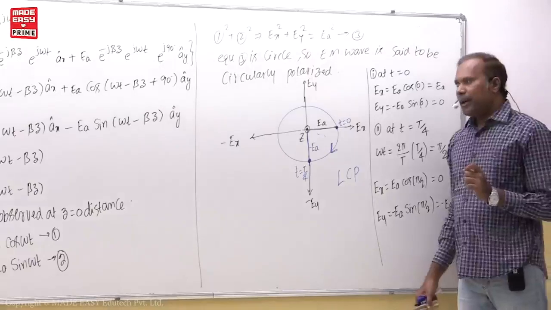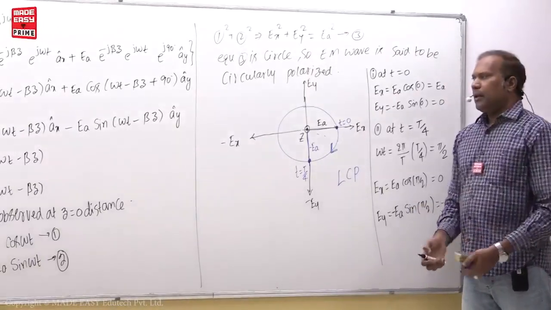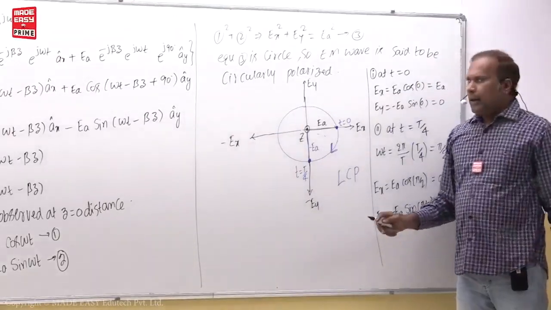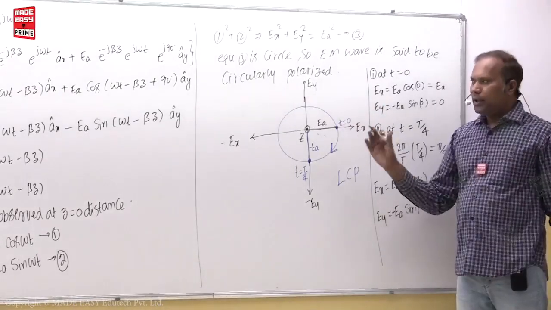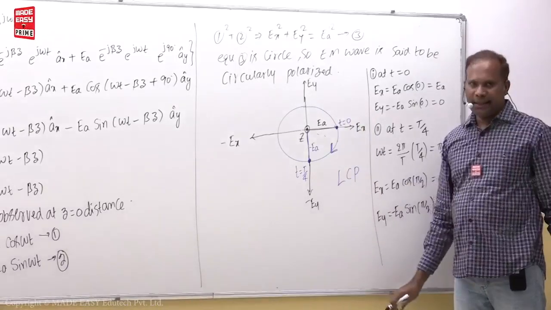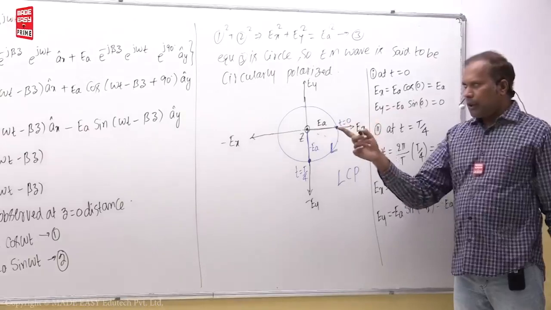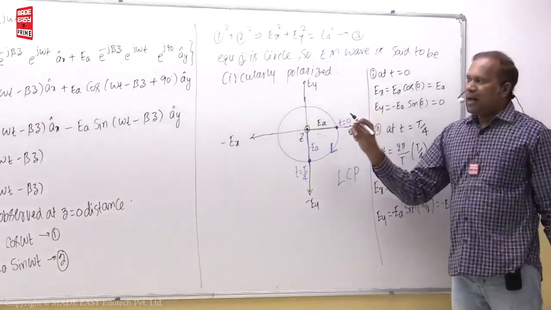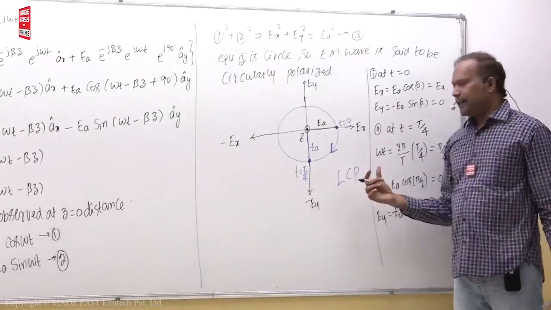What statement do you have to remember? The statement is: wave traveling in plus Z direction, and for the electric field, both x and y components have the same magnitude and the second component leads the first component by 90 degrees, then that is LCP.